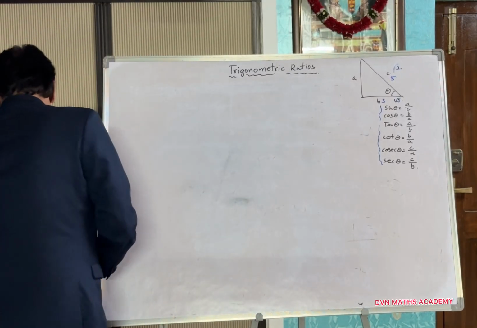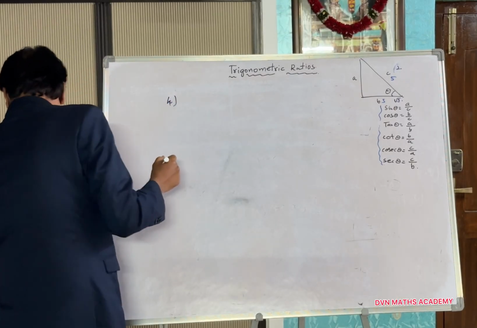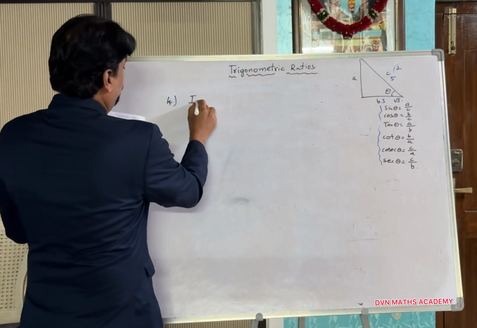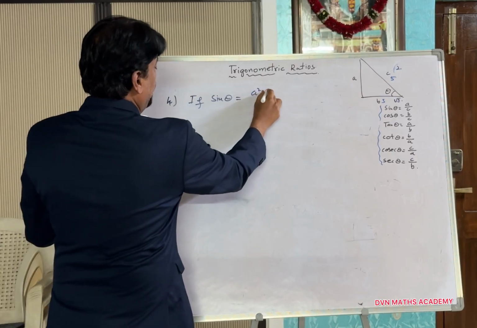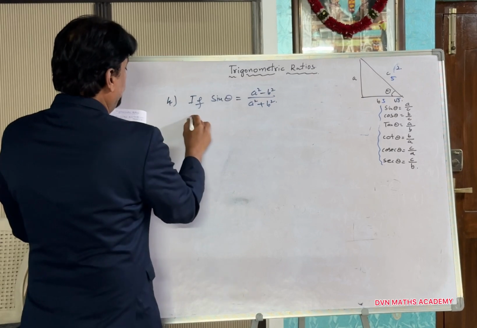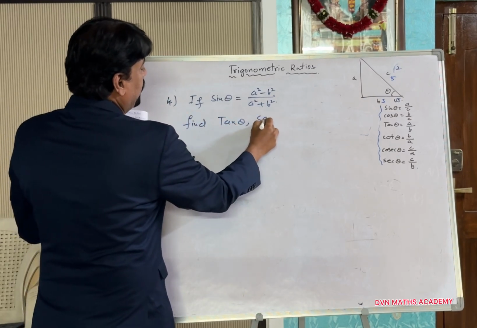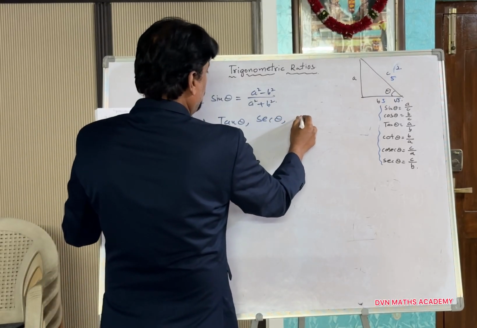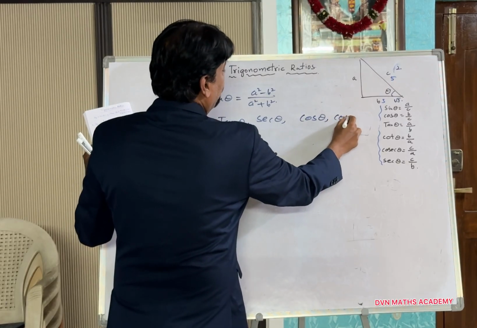My fourth question is, it is given that sin theta is equal to a square minus b square by a square plus b square, find tan theta, sec theta, and cos theta, cosec theta.